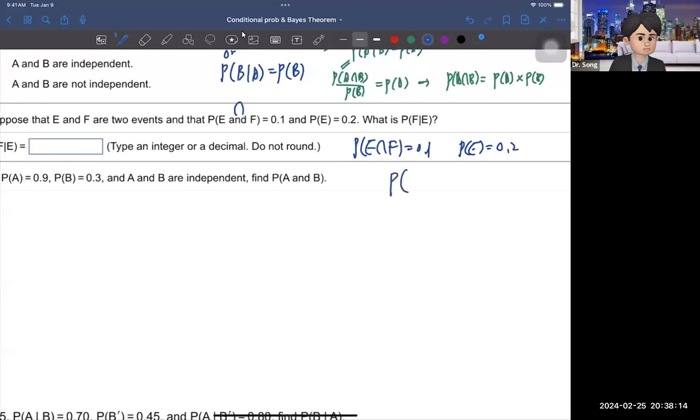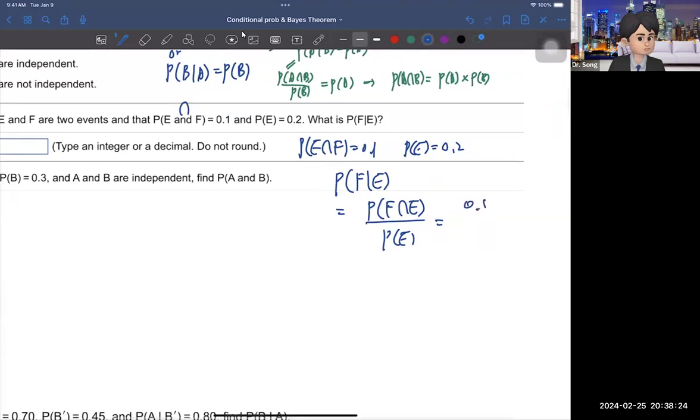And then the question asks you to find the probability F given E. Then probability F intersection E over probability E. Numerator is 0.1 because, like I said, probability E intersection F or the probability F intersection E, they're the same. And denominator is just 0.2. So the answer is 1/2.